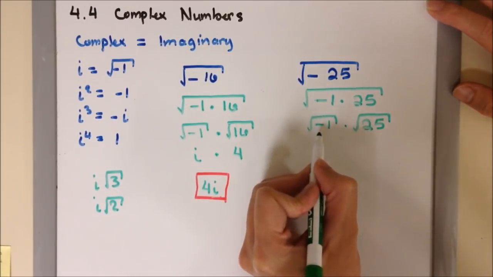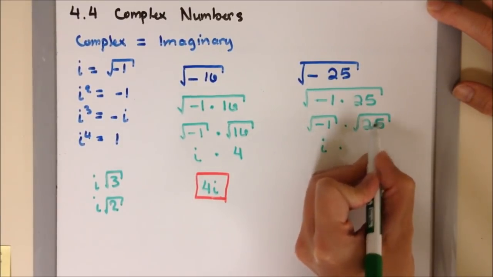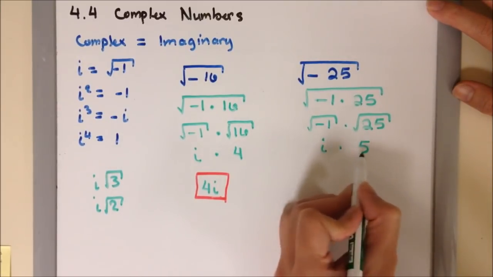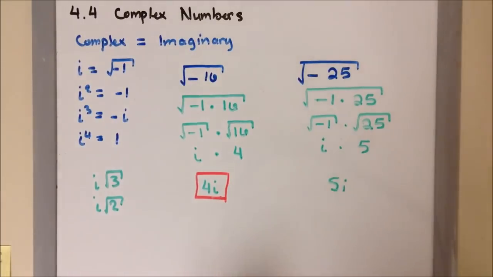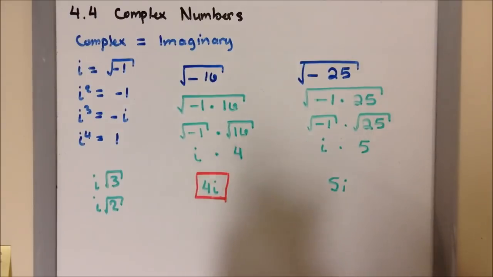The square root of -1 will become i. And then the square root of 25, you can actually do that. That would become 5. So i times 5 will be 5i. And that will be my final answer.